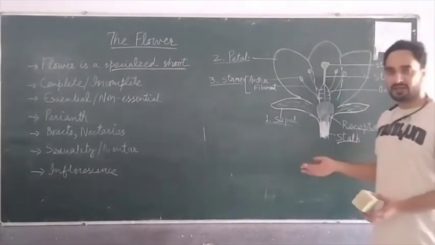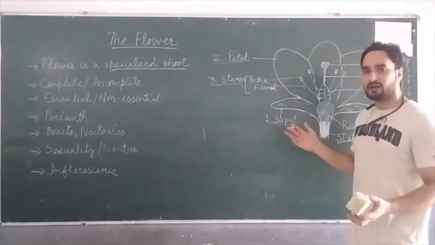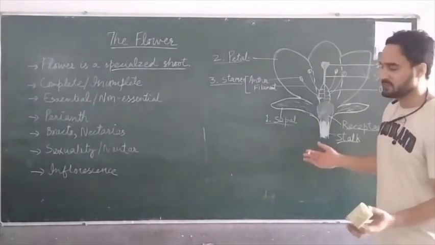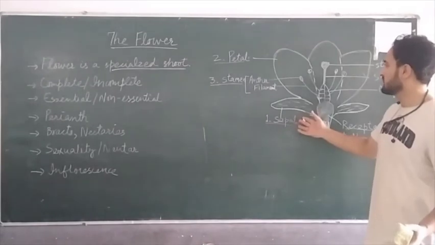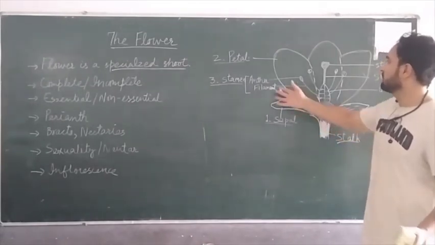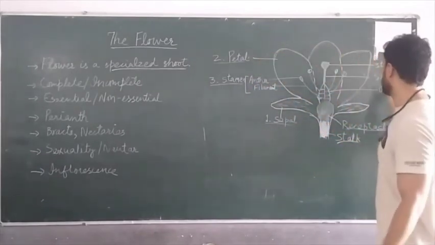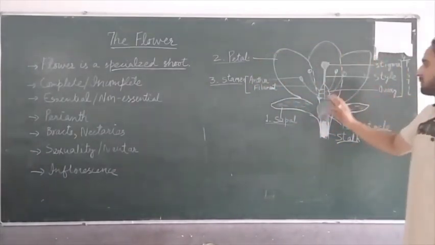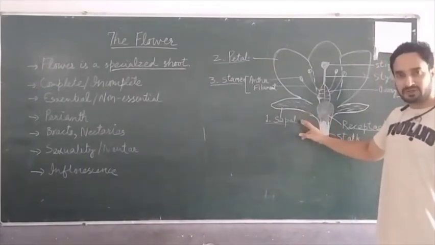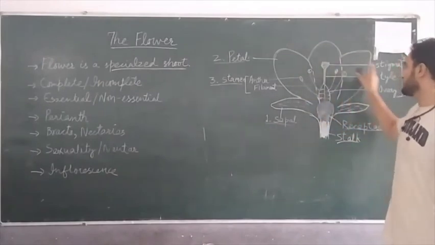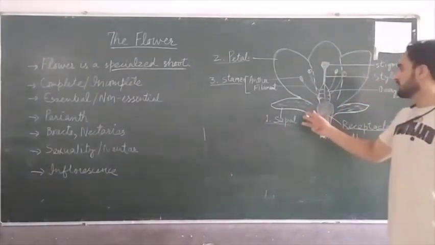Sepals are generally green in color, and they can also perform photosynthesis, and they can provide protection to the other 3 whorls of the flower, that is stamen, petal and pistil. So what is the function of the sepal? They can perform photosynthesis, and they provide protection to the different parts of the flower. Understand?